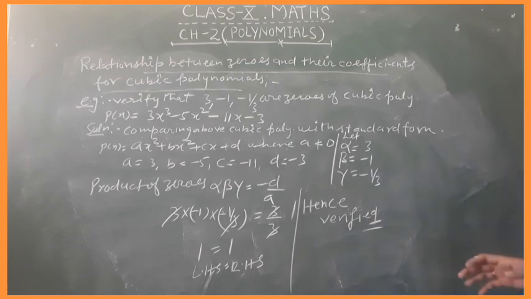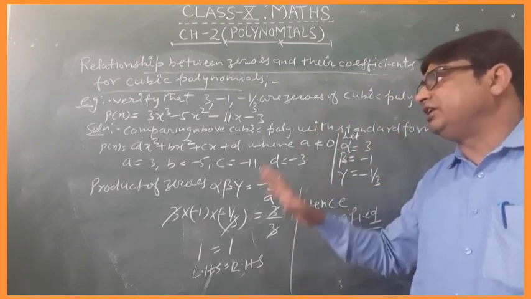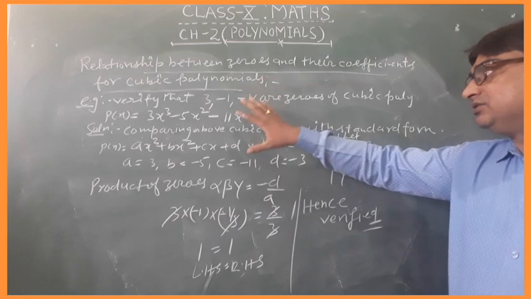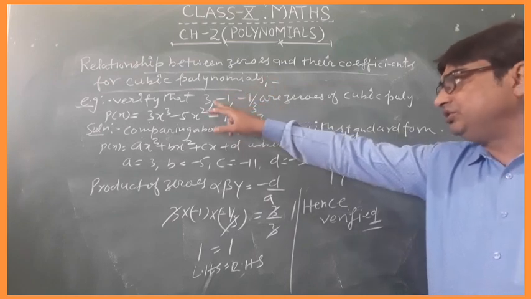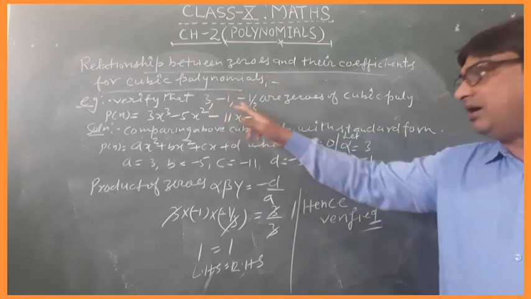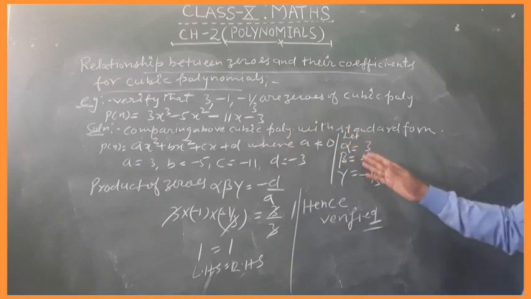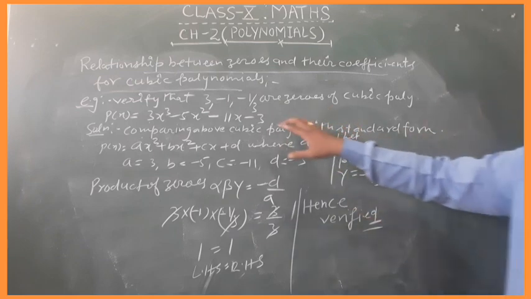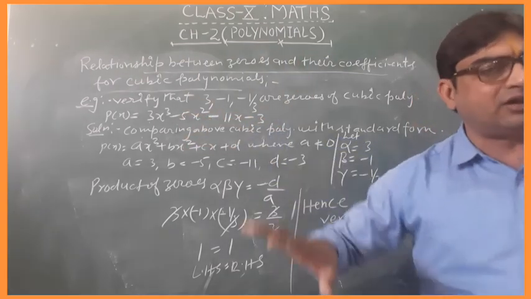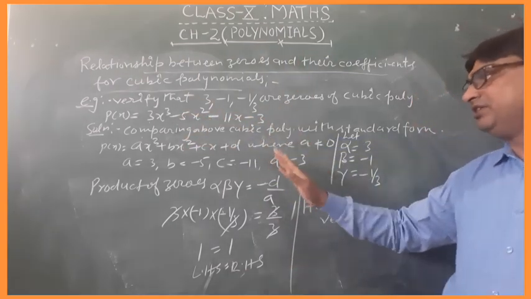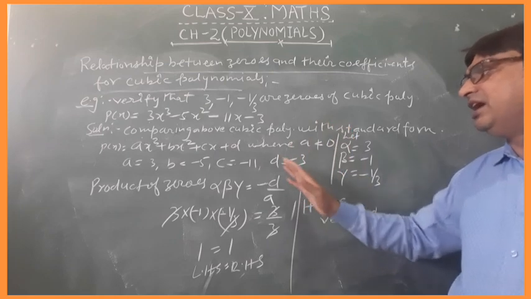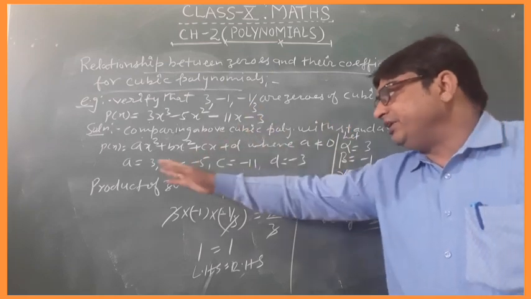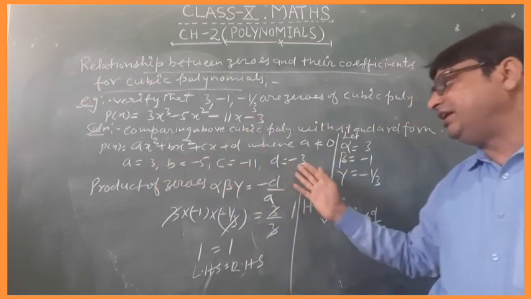You can verify in this way. Firstly, consider the zeros. 3 zeros are given: alpha, beta and gamma. Compare the above polynomial with the standard form ax cube plus bx square plus cx plus d, and from this we get the values of a, b, c and d.